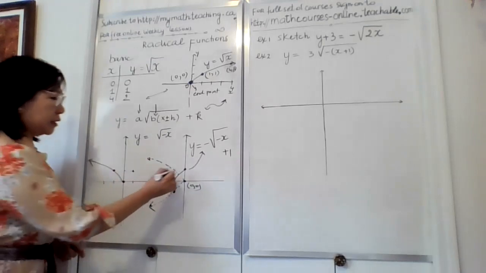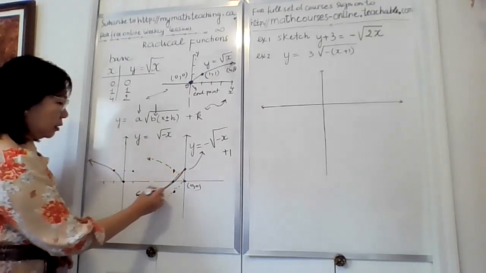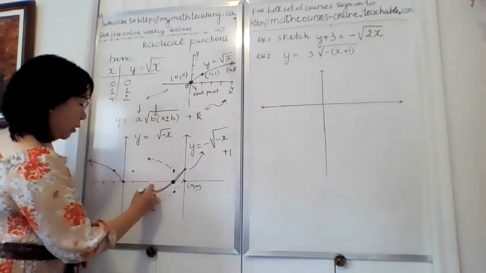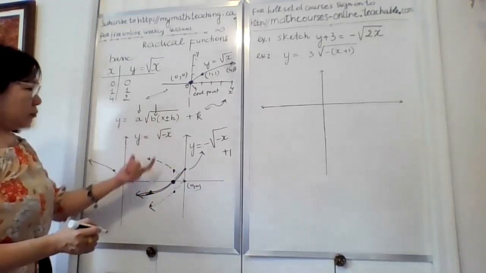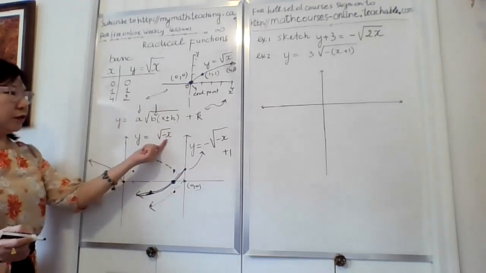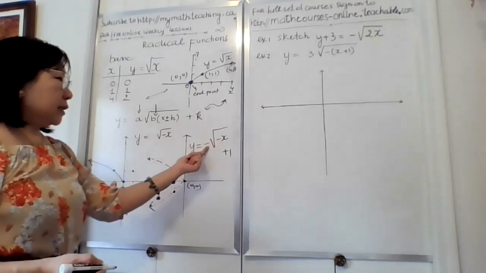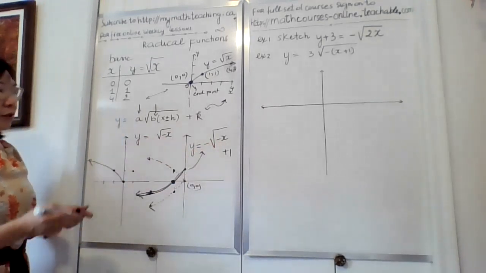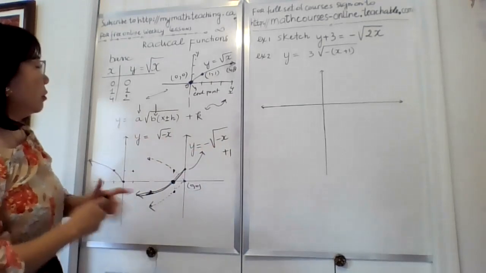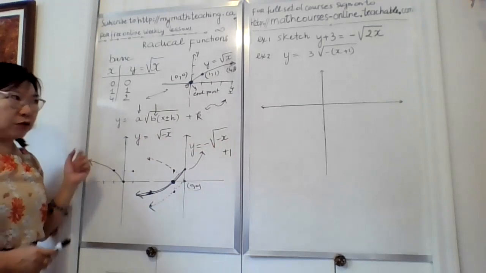So you can see that the way we sketch the radical function is not bad, using this waypoint, right? And we notice the reflection in the y-axis, reflection in both the y-axis and x-axis, and shift up by 1 unit. So this is a feature of our radical function.